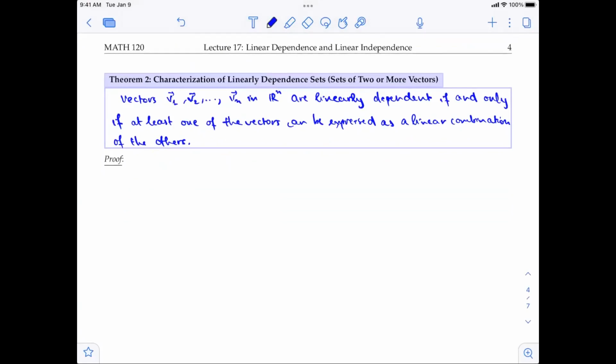Now the backward direction is that first we assume that at least one of the vectors can be expressed as a linear combination of the others. Then we arrange the linear combination equation so that we can obtain C1 times V1 plus C2 times V2 up to plus Cn times Vn equal to the zero vector, to show linear dependence.